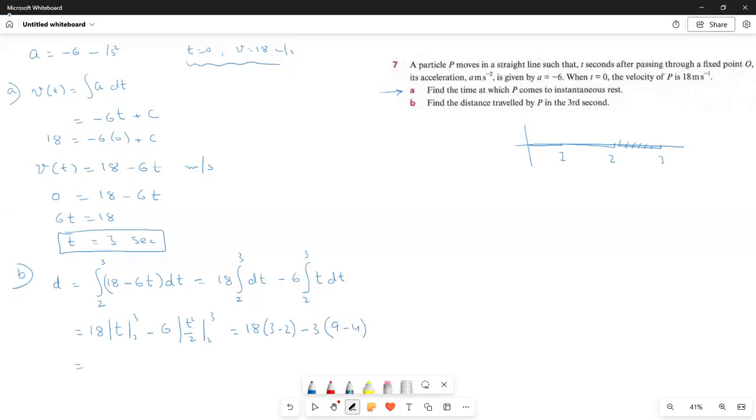So this is going to be 18 times 1 minus 3 times 5, so 18 minus 15 is 3 meters. This is the distance traveled by the particle in the third second.